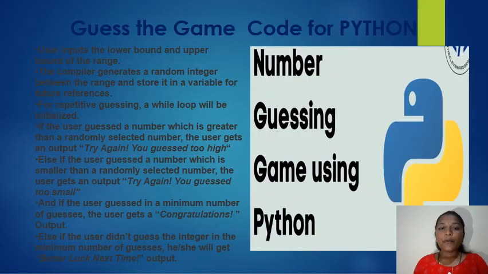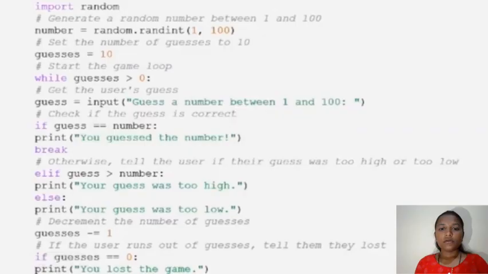Next, the guess the number code for Python. Here is the program for the number guessing game. First, we are going to import random. Next, we are going to generate a number between 1 and 100.